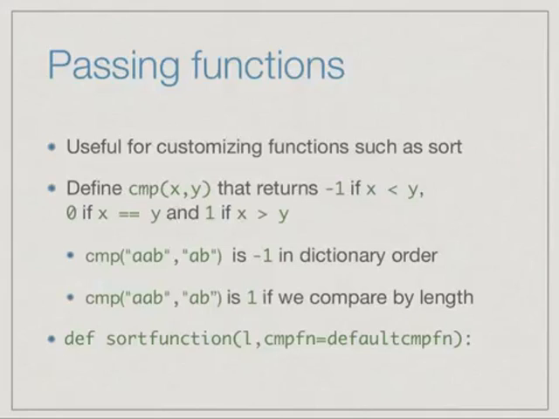So all it needs to do is apply this function to two values and check if the answer is -1, 0 or +1 and interpret it as less than, equal to or greater. And if you want, you can combine it with the earlier feature, which is you can give it a default function. So if you don't specify a sort function, there might be an implicit function that the sort function uses. Otherwise, it will use the comparison function that you provide.